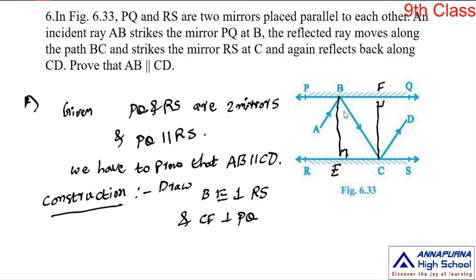Observe the figure. BE is parallel to CF. BE is perpendicular to RS and CF is perpendicular to PQ. So BE is parallel to CF.